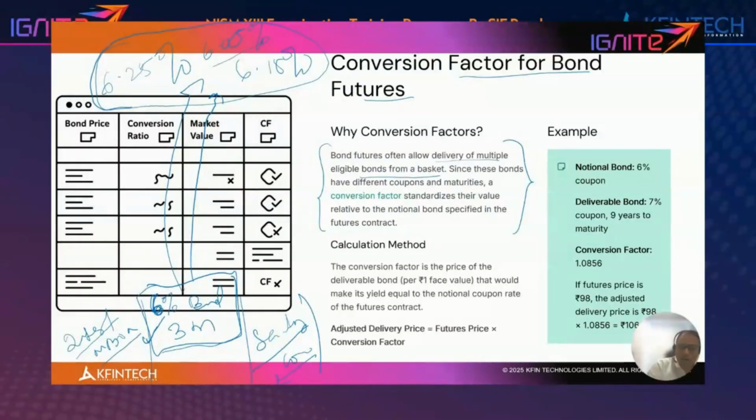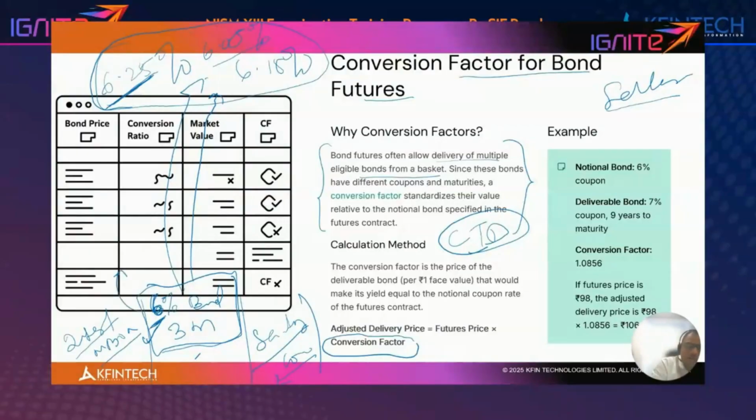The bond with the cheapest to delivery, CTD, cheapest to delivery means for the seller, it is the cheapest to deliver this bond to the buyer. That will be used, and to compute the price, a conversion factor. Why this conversion factor? Because I am having a bond of 6.25, but the contract is of 6%.